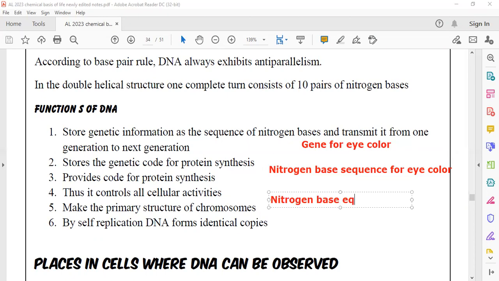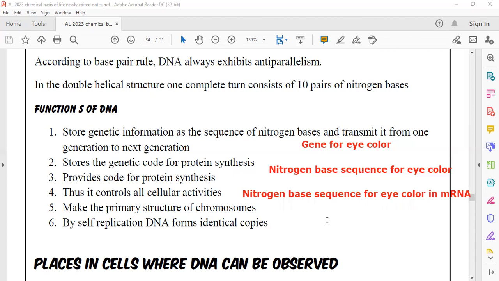Now, I'm explaining here how the eye color develops in us. There is a gene for eye color.